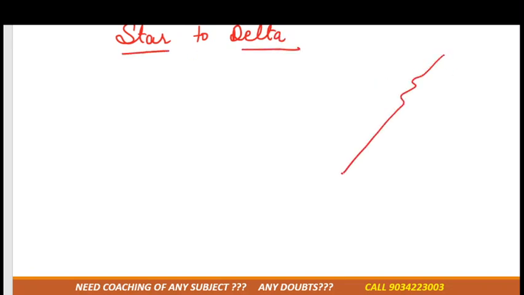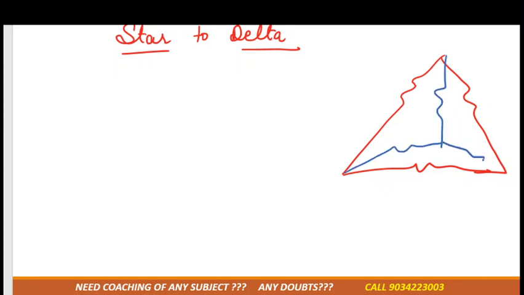Again we'll draw the same diagram, merged with the star. This one is delta. This one is 1, 2, 3. This one is R13, this one is R23, and this one is R12. And in this case, the star resistances are R1, R2, and R3.